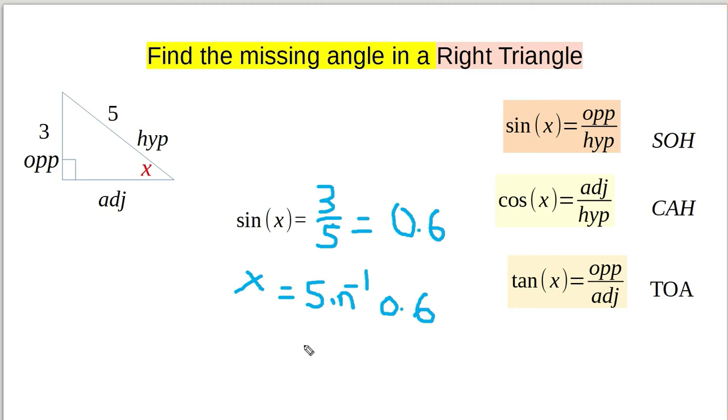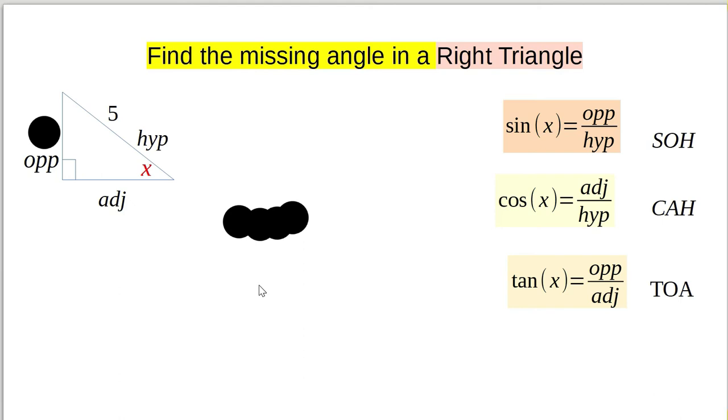Then you just put in sine inverse 0.6. That's what I did, and the sine inverse of 0.6 is approximately 36.9, which I would say is approximately 37 degrees. So the angle X is 37 degrees.